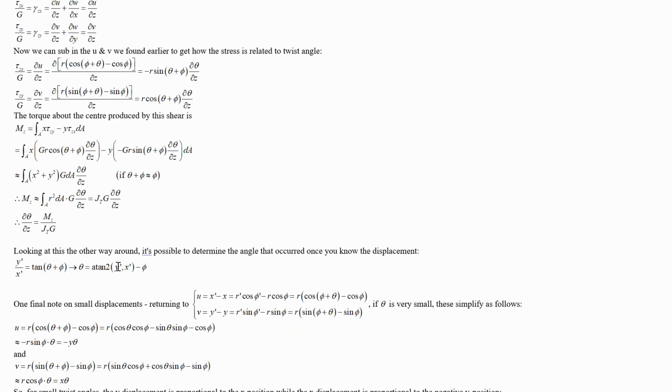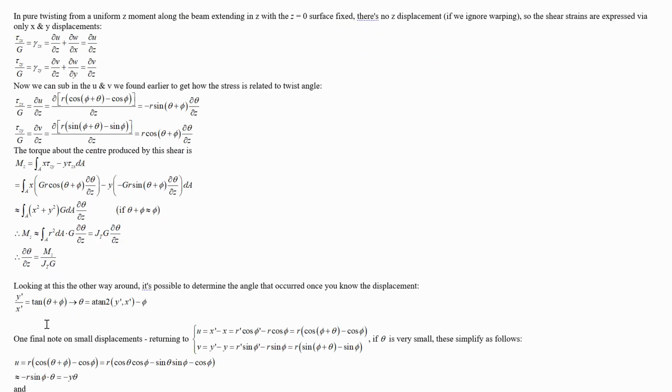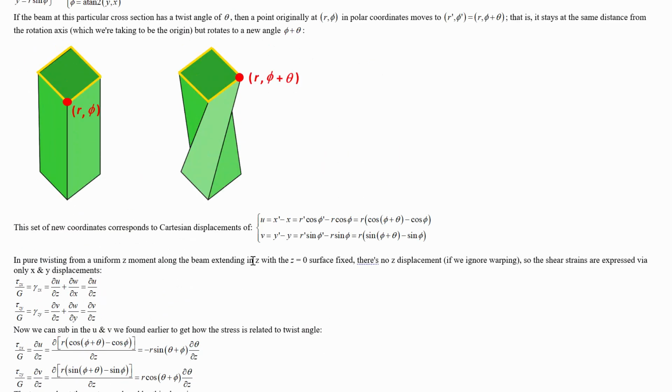Besides that derivation, another thing that we're in a position to do right now is figure out how the twist angle is related to deformation things. So from the ratio of y prime and x prime being the tangent of theta plus phi, where does this come from? That comes from the final position specifications here.